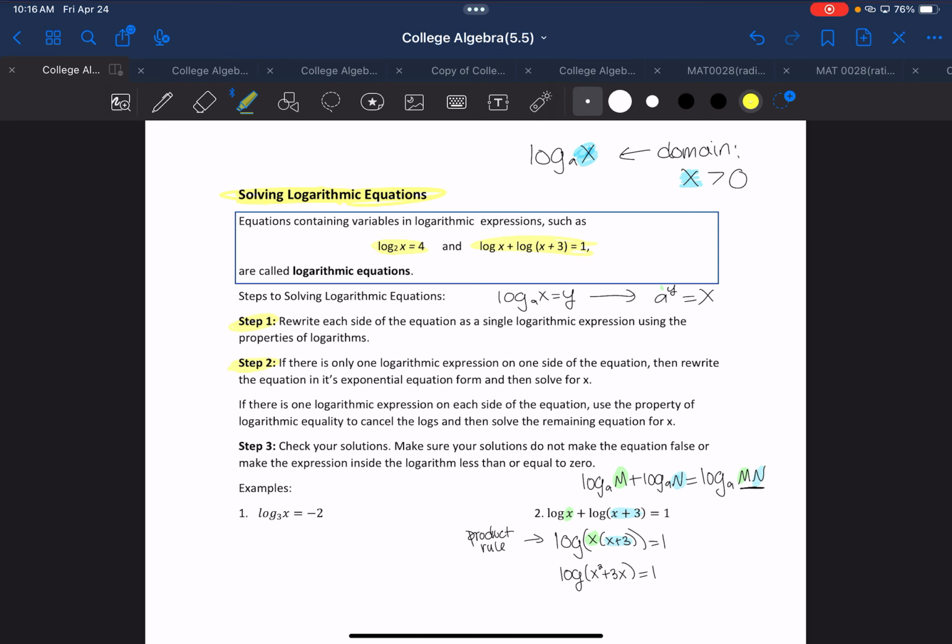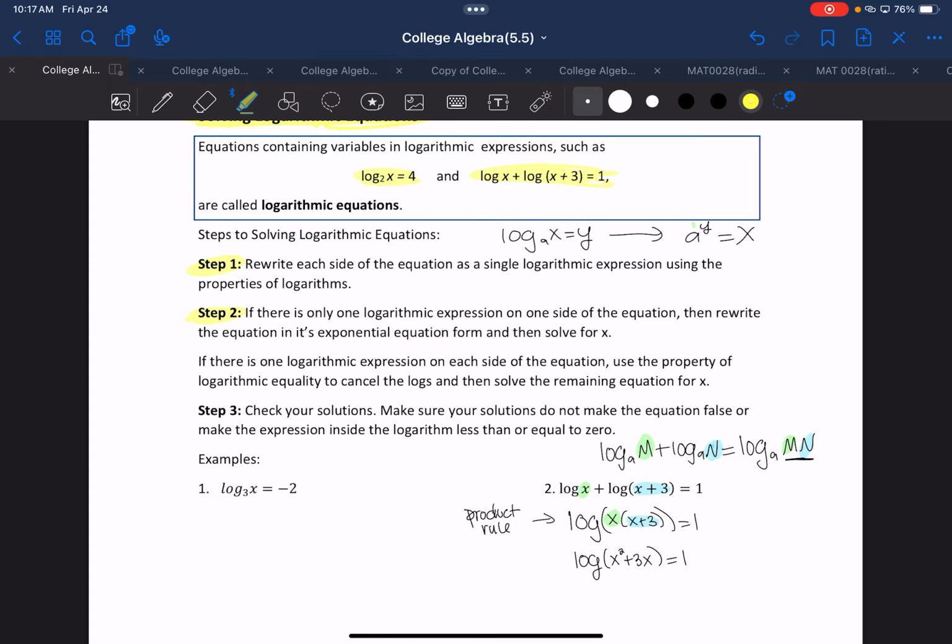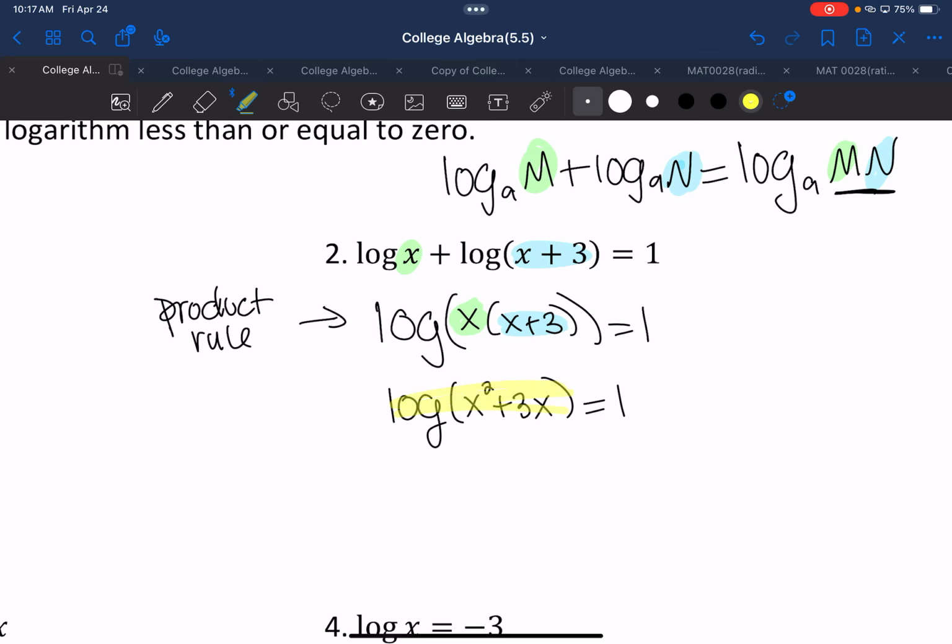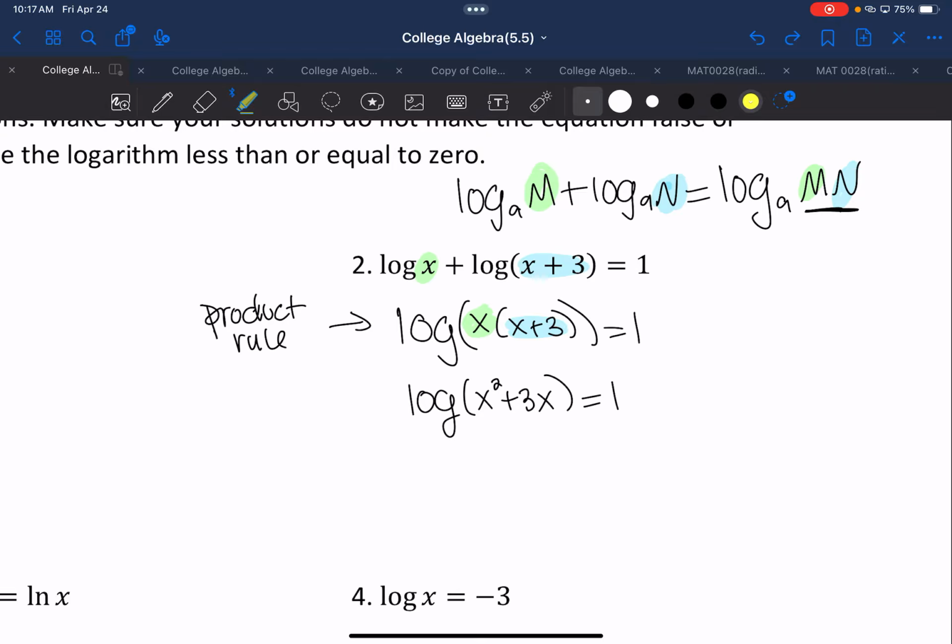So step 2, if there is only one logarithmic expression on one side of the equation, then we will rewrite the equation in its exponential equation form and then solve for x. So that's what I have in this case. Now, this is just one single log expression on the left, and it's equal to some number on the right. So I can rewrite this in its exponential form using this up here.